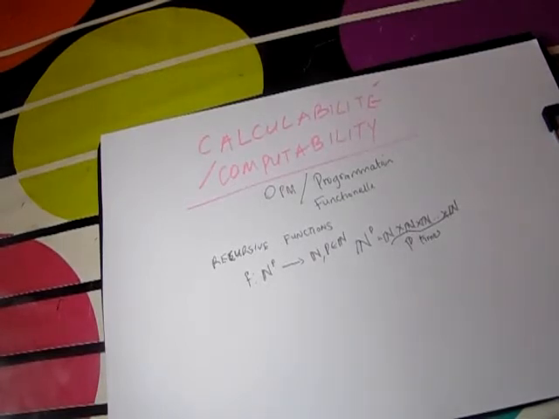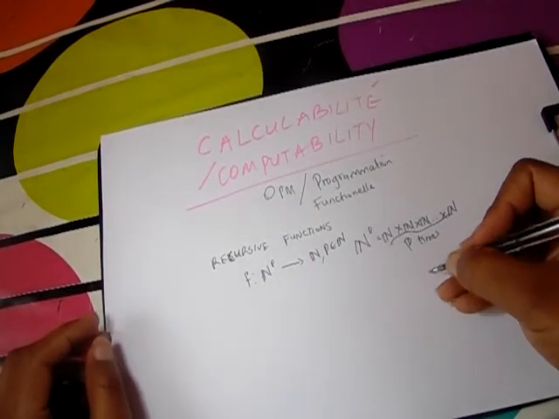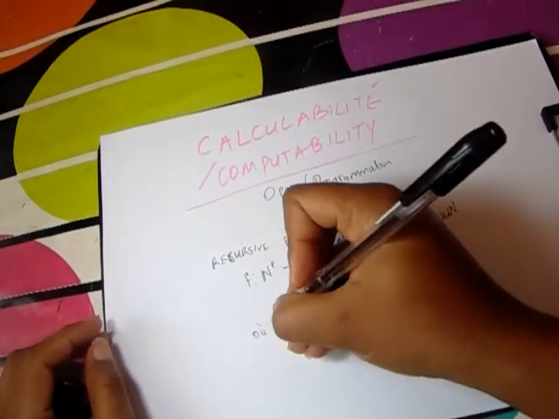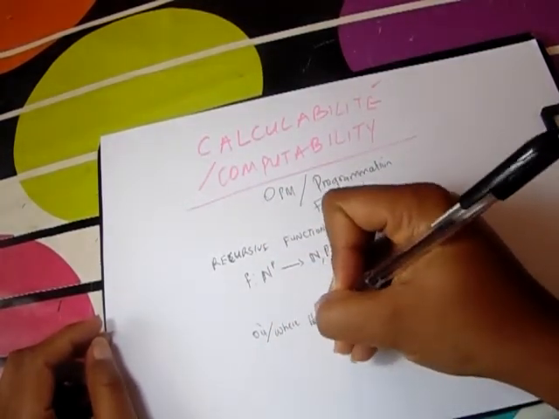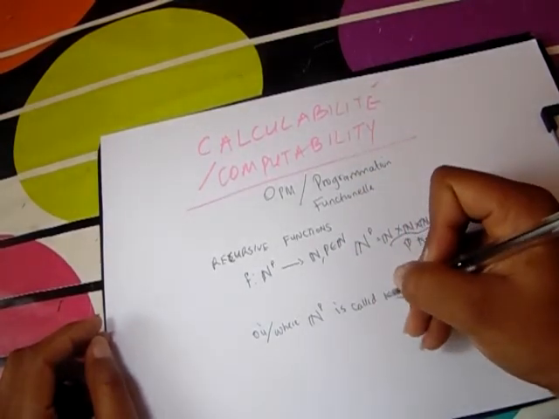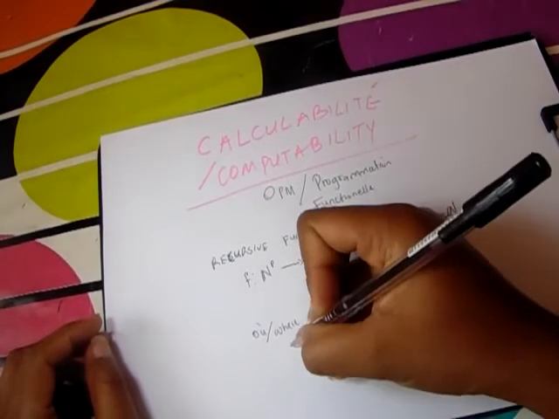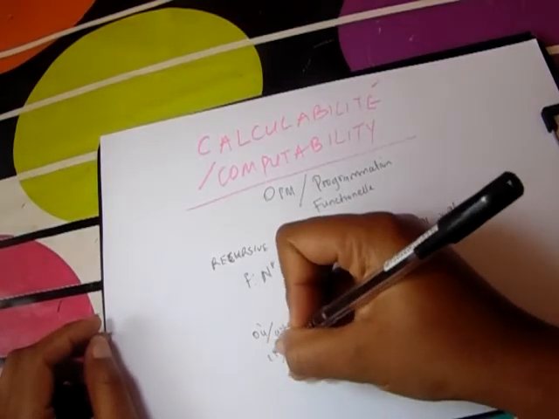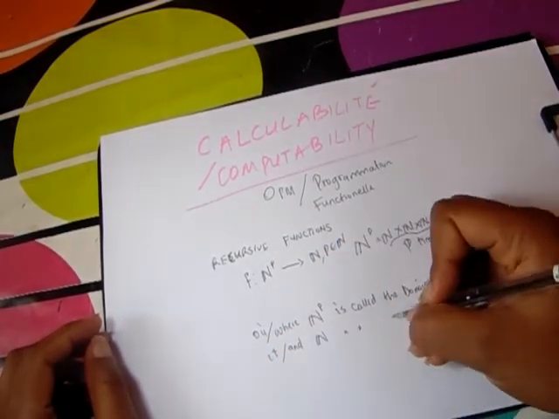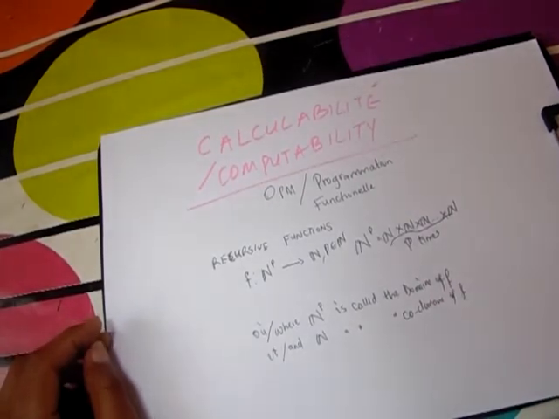Basically we said we are looking at the domain and the codomain when dealing with functions. Where n to the power of p is called the domain of f, and n is called the codomain of f.